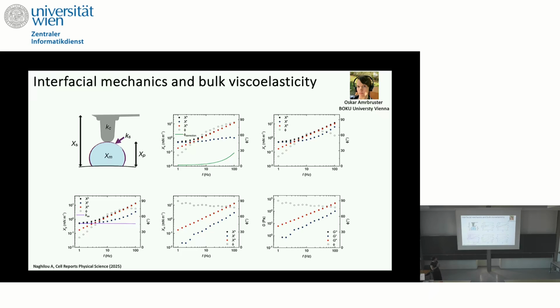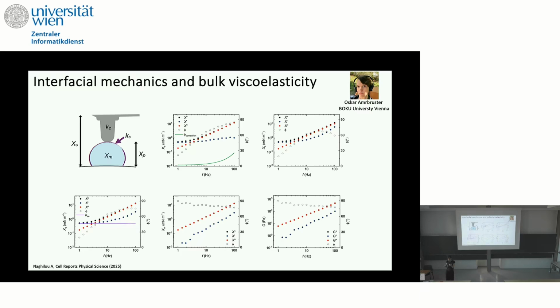So we subtracted that from the whole system, and then what we get is the really bulk material spring constant. So this last step is just using a Hertzian contact model, which describes the contact mechanics between two curved surfaces on each other. And by using the Hertzian contact model, we get to what we saw in the last talk. We get to G prime and G double prime. So the elastic and the viscous moduli.